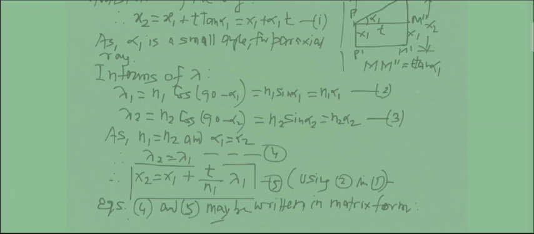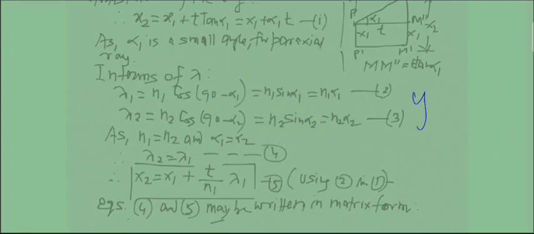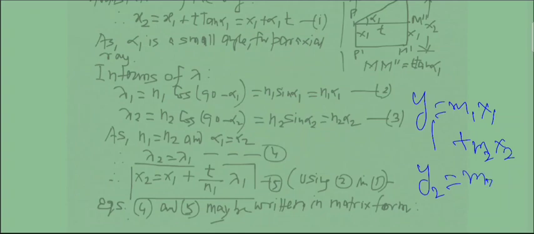Whenever you have an equation of this kind, suppose y1 equal to m1x1 plus m2x2, and y2 equal to m3x1 plus m4x2, how do we write the matrices?